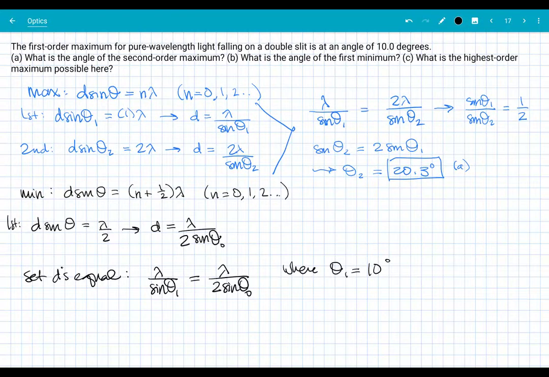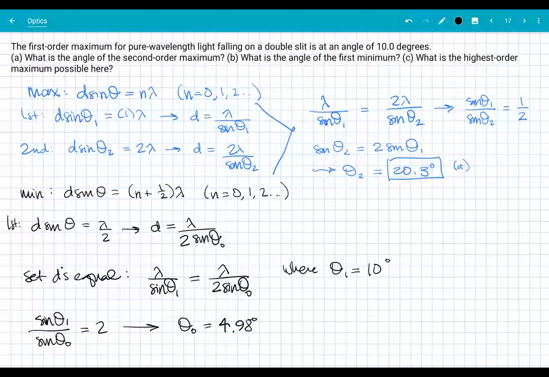So if I do that, I can do a similar thing that I did before. Sine theta 1 over sine theta 0 then is equal to 2. And with a little bit of algebra, I can solve for theta 0 as 4.98 degrees.